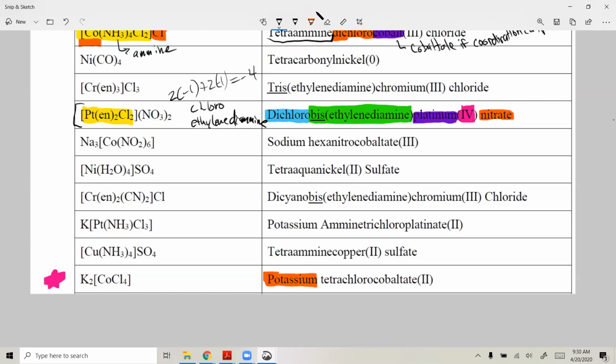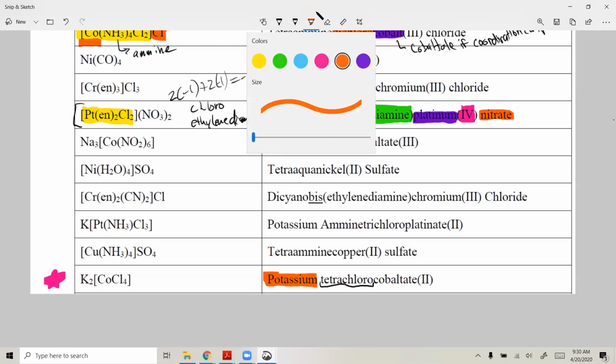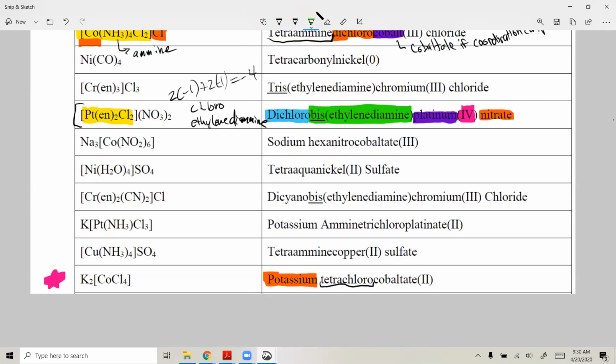Just one option. So tetrachloro is definitely going to come next. We don't have to worry about alphabetizing them. And so now that we've done our ligand, what do we need to name next? The metal.